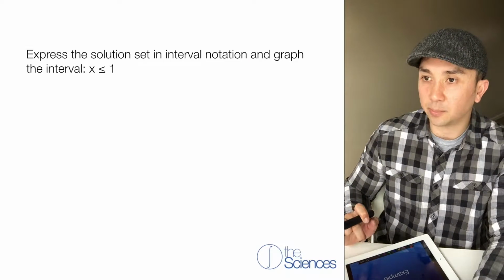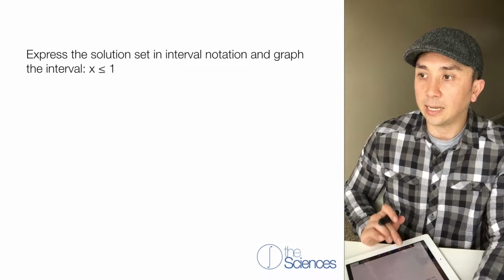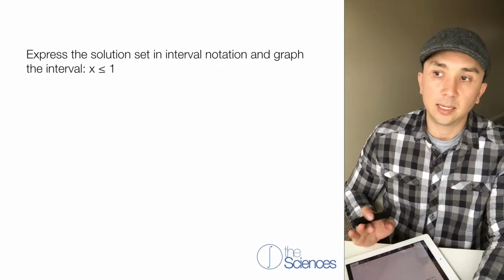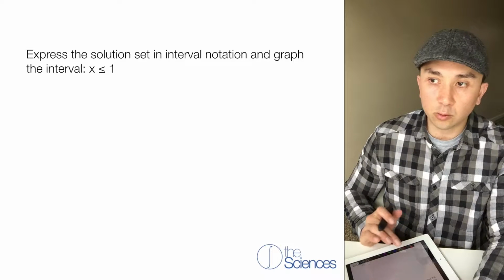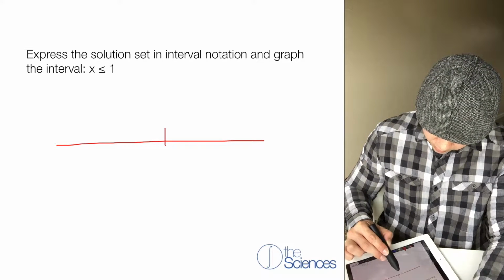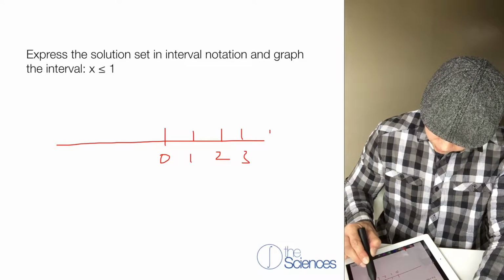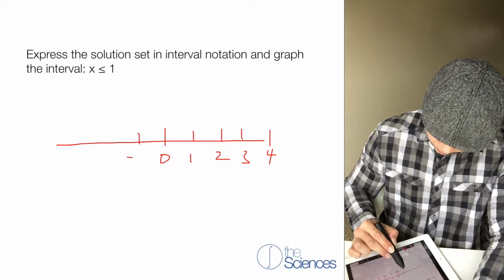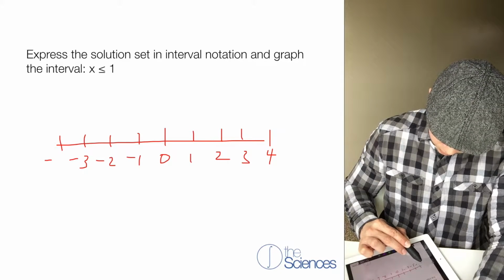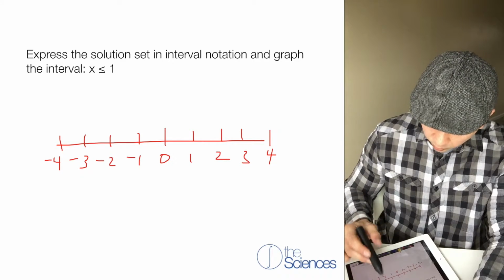So let's do an example. Express the solution set in interval notation and graph the interval x is less than or equal to 1. So here, we have our number line. So we know x is less than 1.